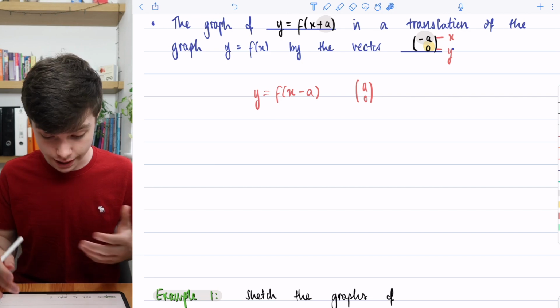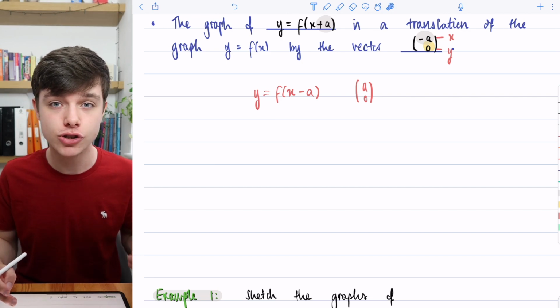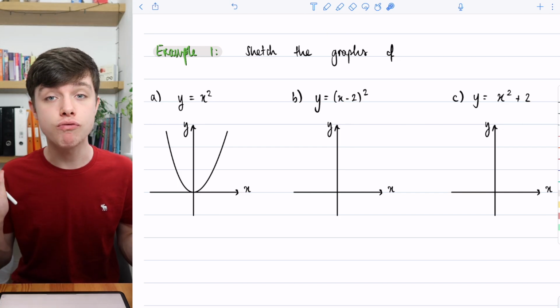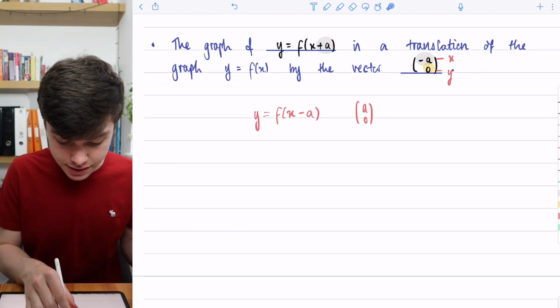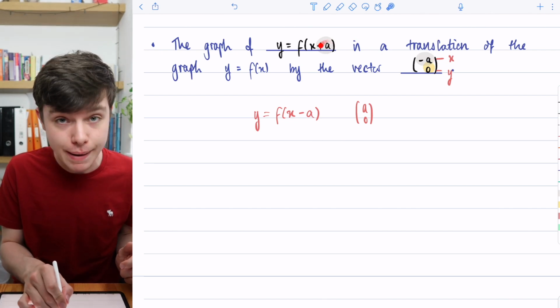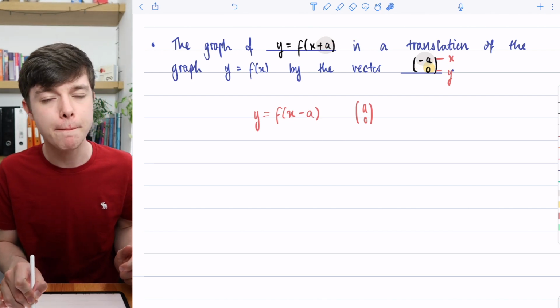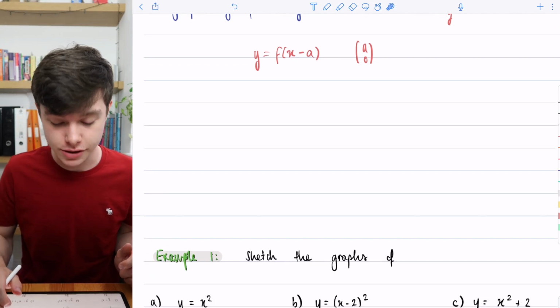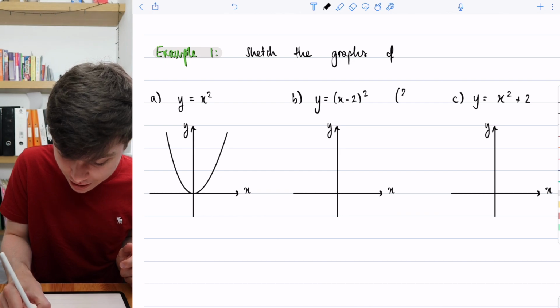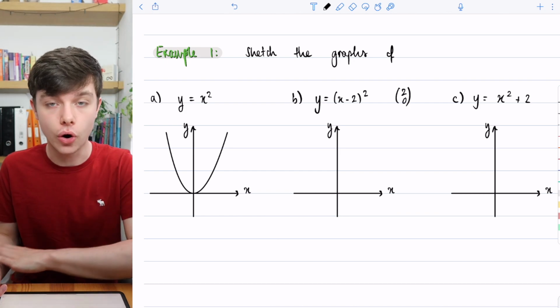And in this instance, our a is minus 2. So because it's a negative, we're going to move to the right, okay? It was positive here, so we had a negative moving to the left. A, we can think about is minus 2, so we've got minus minus 2, which will give us a positive. So we're going to translate by the vector 2, 0.